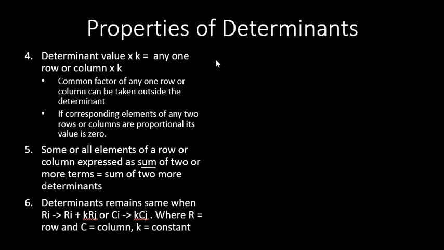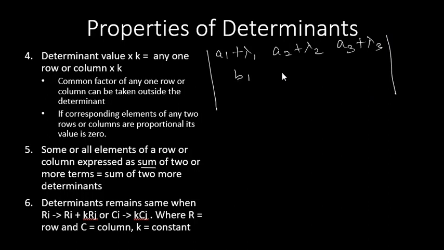Let us have a determinant with first row a1 plus lambda 1, a2 plus lambda 2, a3 plus lambda 3, second row b1, b2, b3, third row c1, c2, c3.